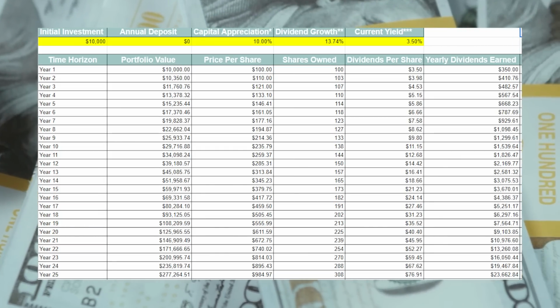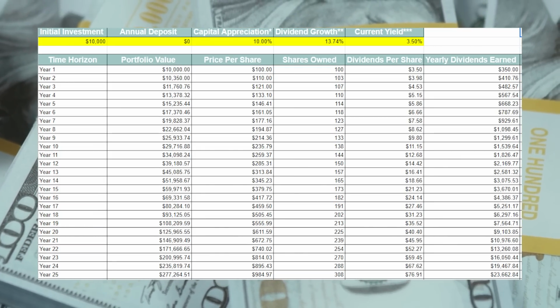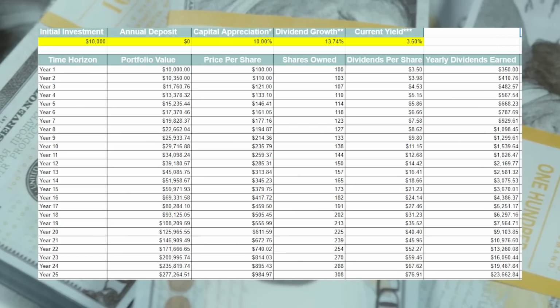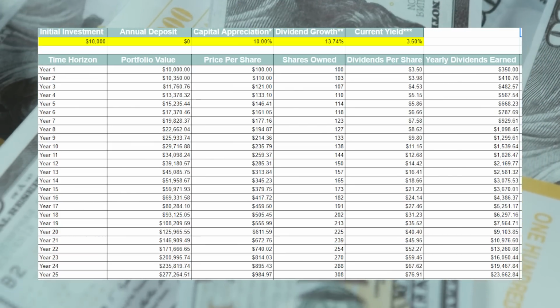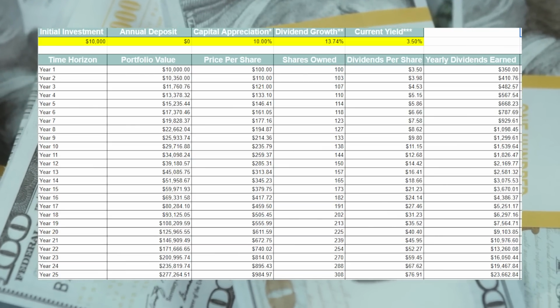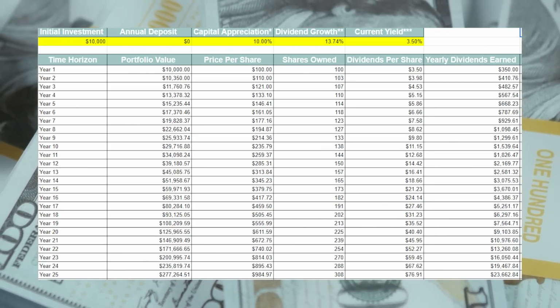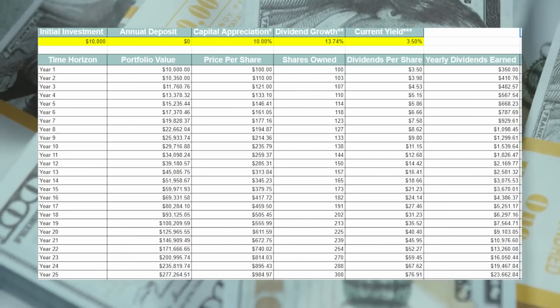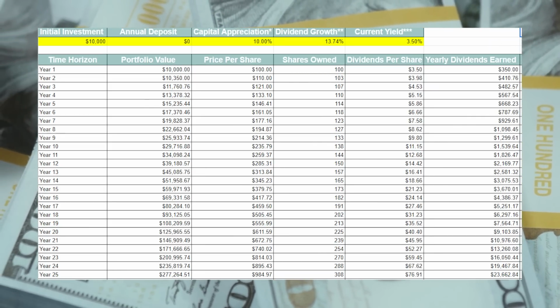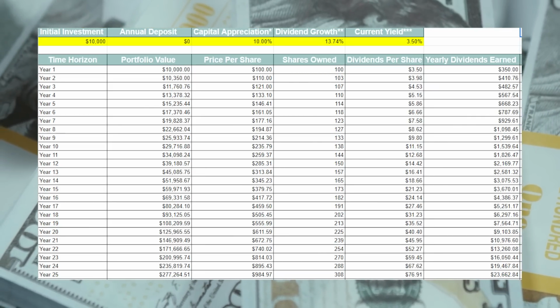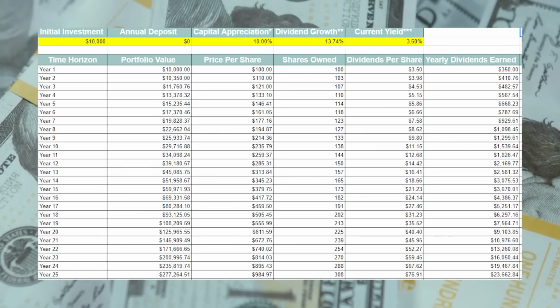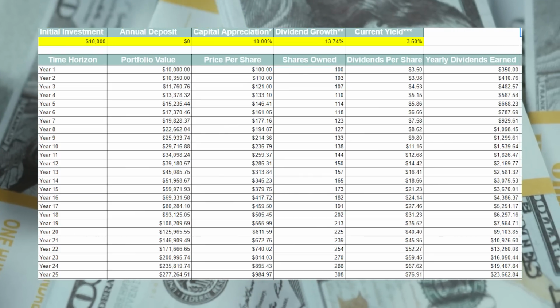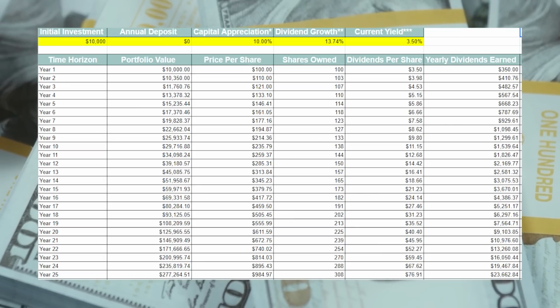Now, here on the screen, you can see a dividend growth calculator, where we can visualize and input the potential scenarios for SCHD. With an initial $10,000 investment and never investing another dollar into the portfolio, a dividend growth rate of 13.74%, which is SCHD's trailing 5-year dividend growth rate, and a current starting yield of around 3.5%, in the first year of investing into SCHD, you would receive around $350.